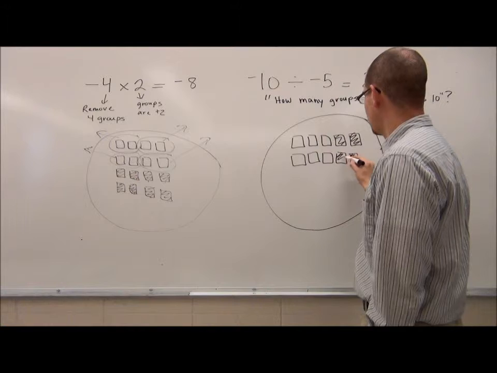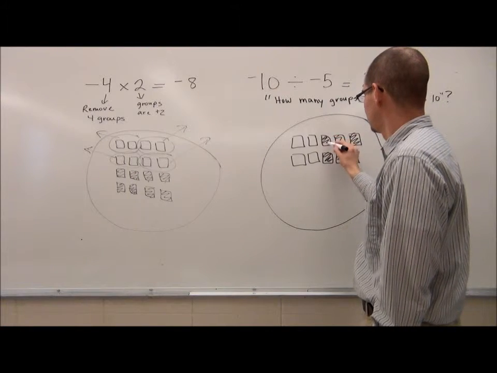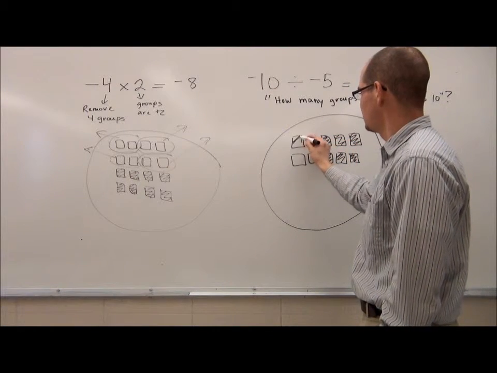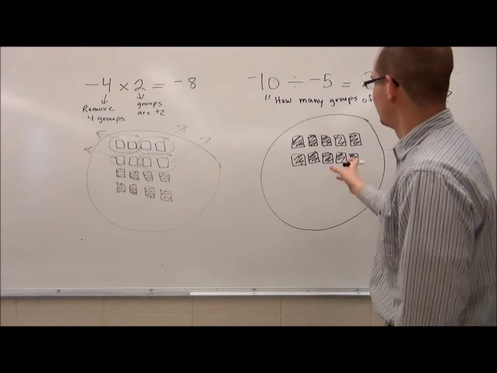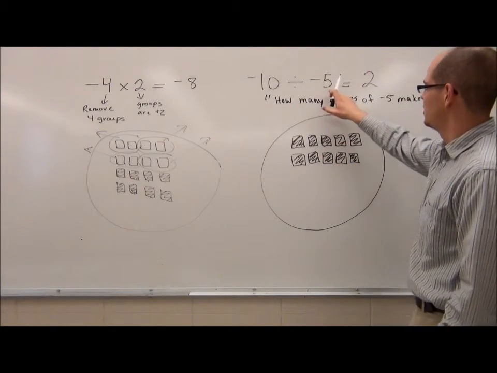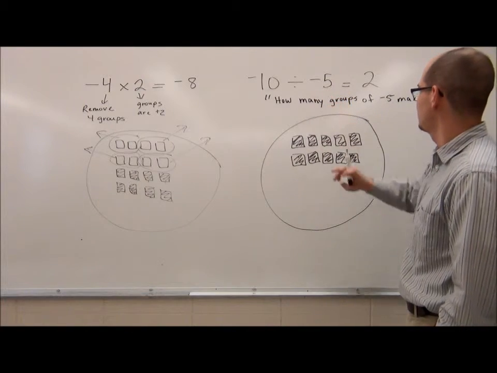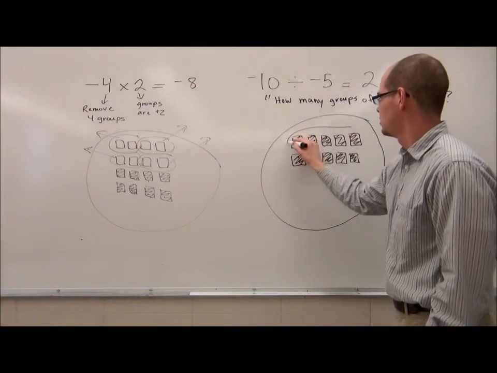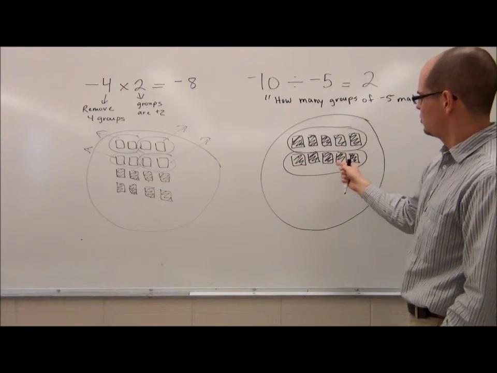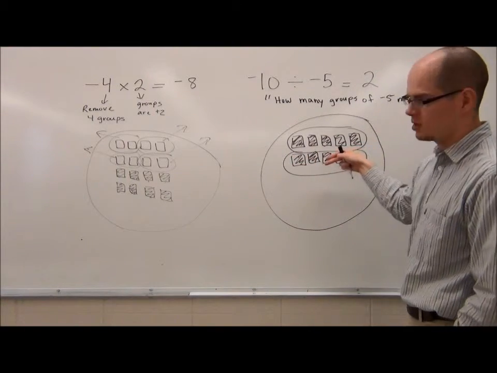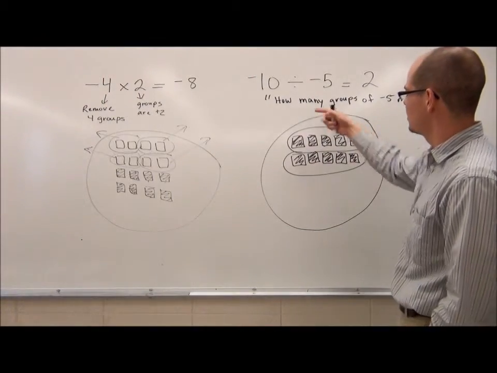The tiles are black because they're negative. Remember, white tiles are positive, black tiles are negative. Okay, I've got 10 negative tiles there. I'm breaking my tiles into groups of -5. If I have these two groups of -5, do I need to add these groups into the circle or remove them to get -10?